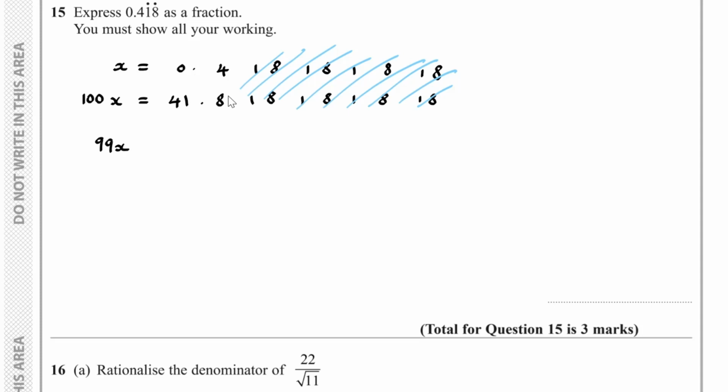So we have 41.8 take away 0.4, which is 41.4. Okay, so if we now solve for x, x is equal to 41.4 over 99. Of course, we don't want any decimals, so we need to multiply the top and bottom by 10. So we have 414 over 990.